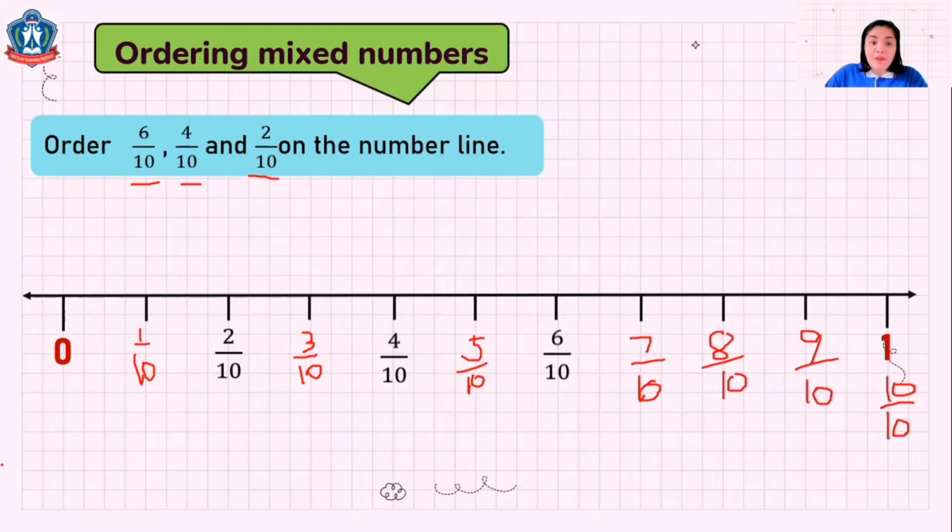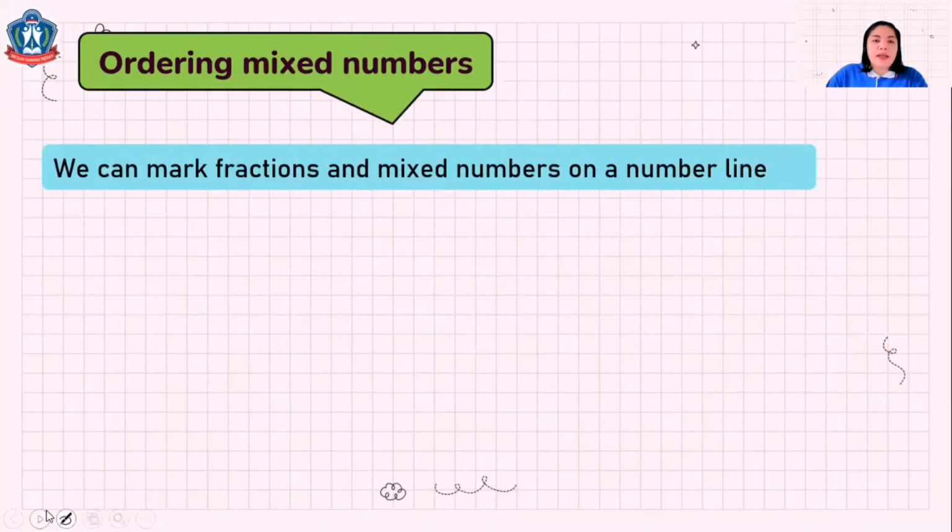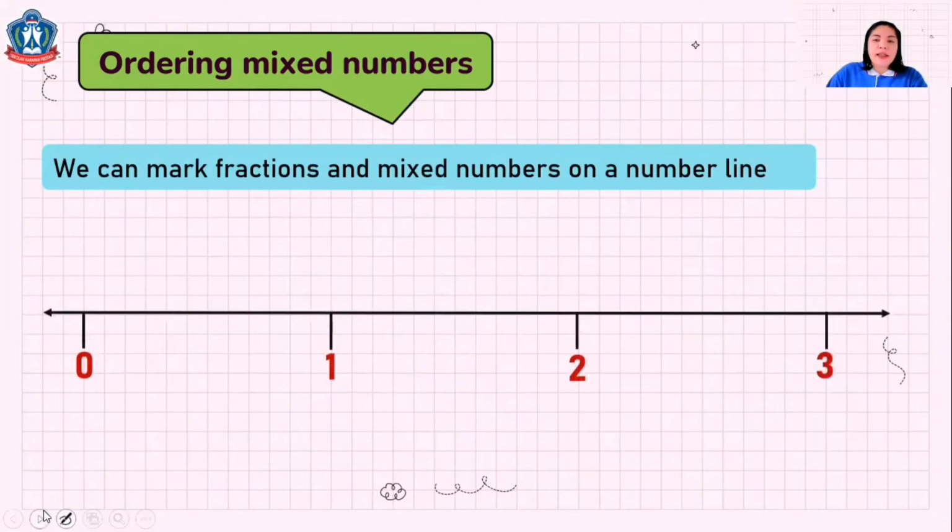How about if we have mixed numbers? Let's order these fractions or mixed numbers on a number line. So take a look here. I have 0, then 1, then 2, and 3. Let's divide 0 to 1 into 3 equal parts. So if we divide 0 to 1 into 3 equal parts, each part is what we call 1/3.